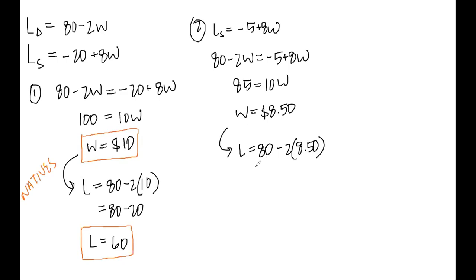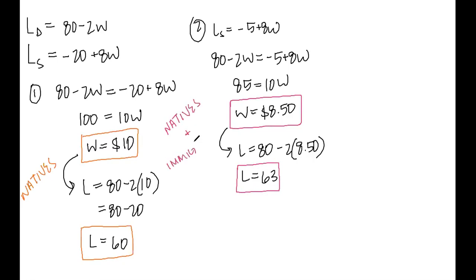So this becomes an equilibrium level of 63. Now in this case, this equilibrium wage and level of labor is for the natives and immigrants. So the amount of people working is not solely natives. So this is natives and immigrants.